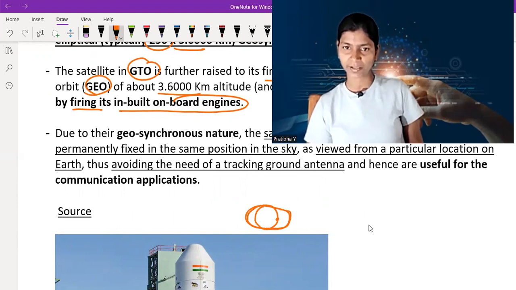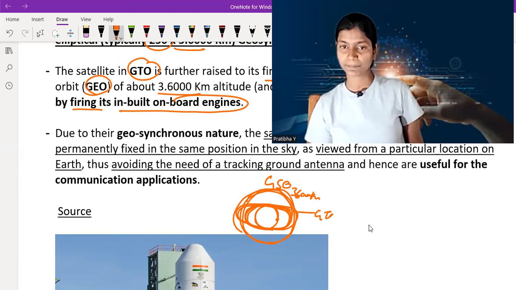We fire this up, and the satellite goes into GTO. When the satellite is moving in GTO, we fire another engine and put the satellite into GSO, geosynchronous orbit. It is not possible initially to send a satellite to a height of 36,000 kilometers, but with the help of GTO, we fire another engine and put that satellite into GSO. This one is a GTO, and this one is a GSO.